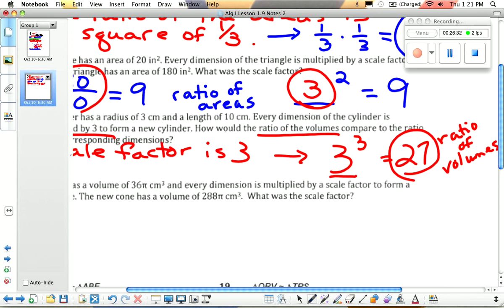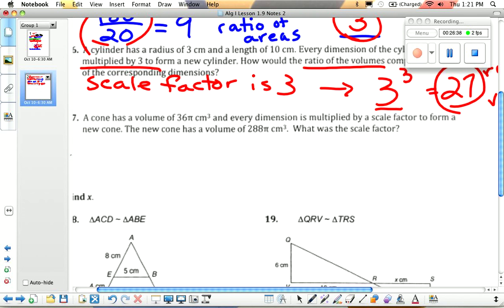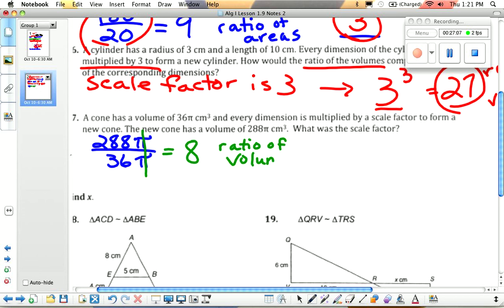Find the scale factor for this cone. What is the ratio of the volumes?